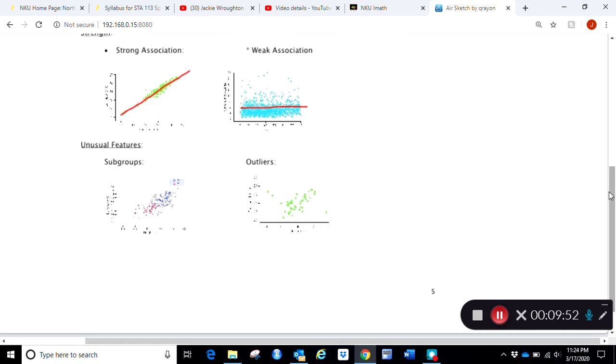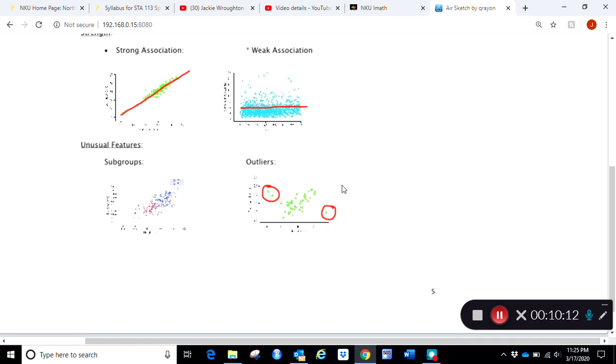Finally, I have a couple of ideas of what unusual features might look like. I'll start with the one on the right here because you're probably more familiar with the idea of outliers. If I were to say there were outliers on this picture, I'd probably say that one over there was an outlier, and possibly those two up there as well.